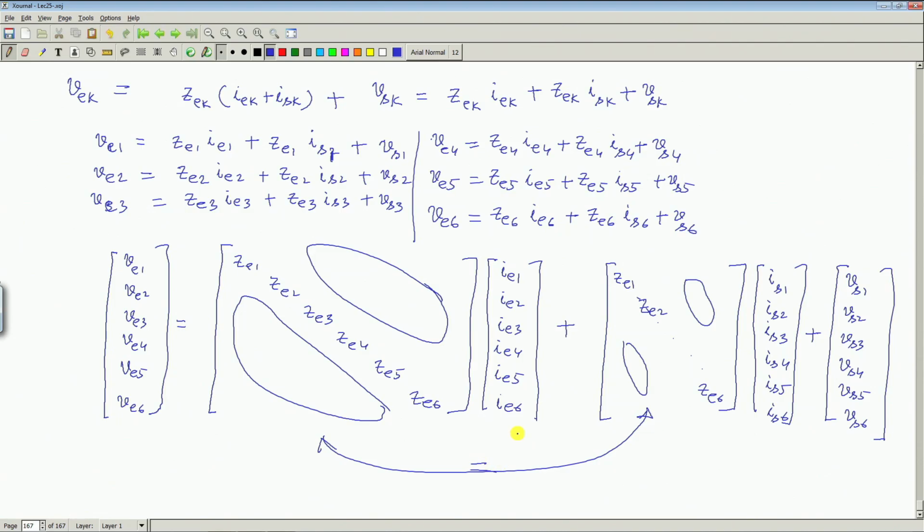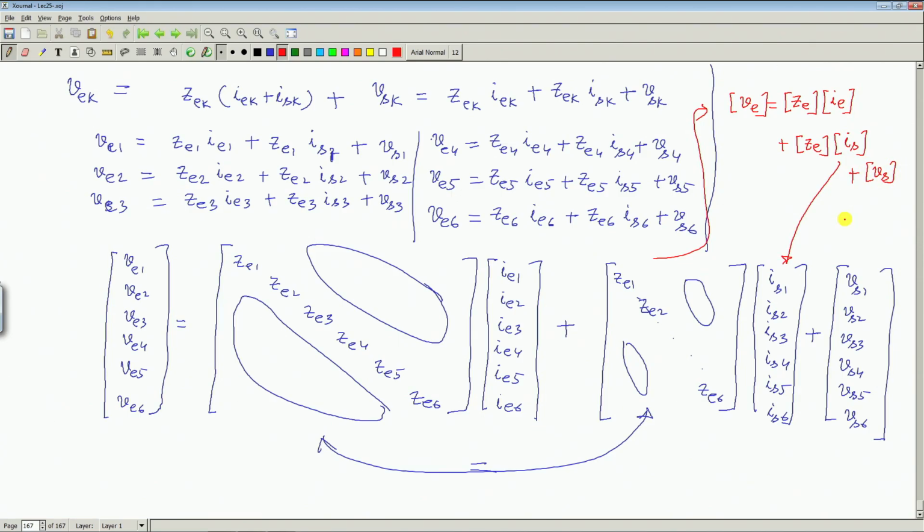So, this whole thing can be written as a column vector of the element voltages, this equation I am writing: V is equal to ZE, where ZE is a diagonal matrix, into all the element currents IE, plus ZE into IS, where IS is a column vector having IS1, IS2, IS3, IS4 like that, plus a column vector of the source voltages.